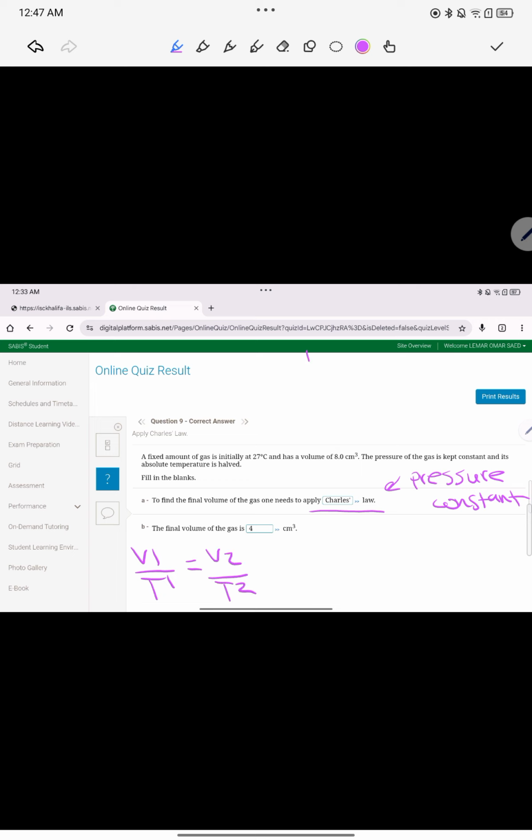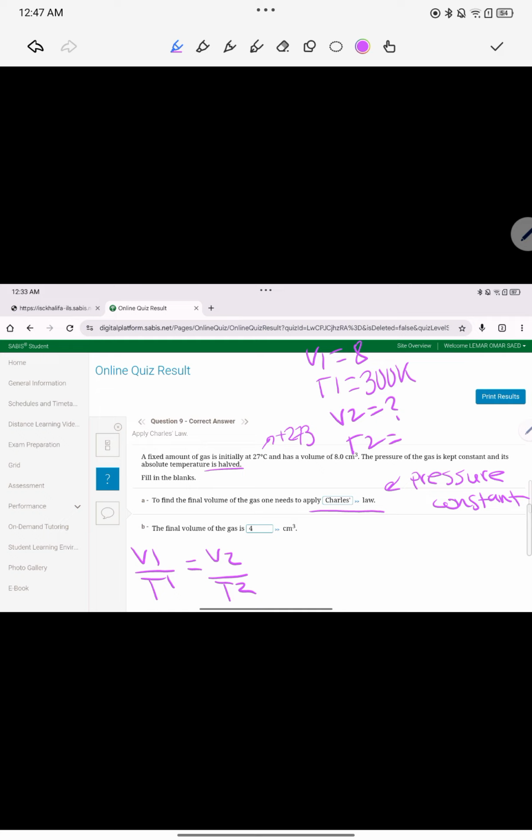V1 here is equal to 8. T1 is equal to 300 K because of plus 273. The temperature is halved, so V2 is what we're trying to find, the question mark.